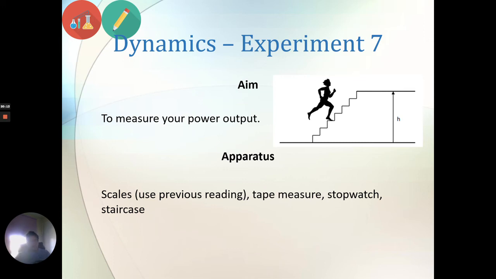We could use a tape measure, measure the height up a set of stairs, and use a timer to time us as we ran up the stairs. Doing that, we calculate the potential energy that we have gained in a period of time. And then we can use P equals E over T to calculate our power.